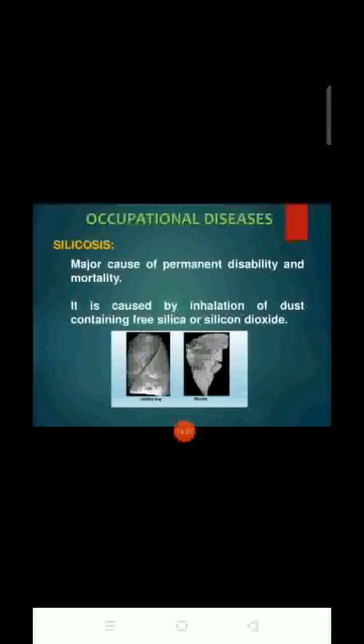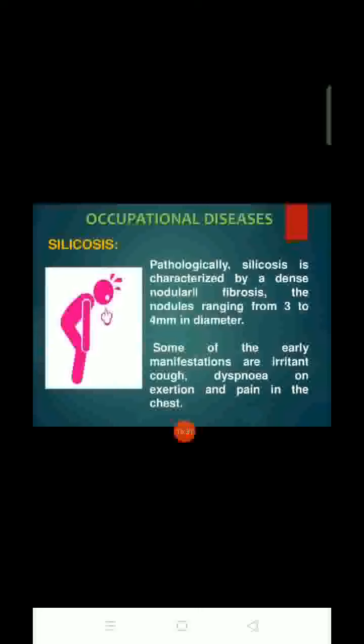It is caused by inhalation of dust containing free silica or silicon dioxide, and it increases the death rate. Pathological silicosis is characterized by dense nodular fibrosis.